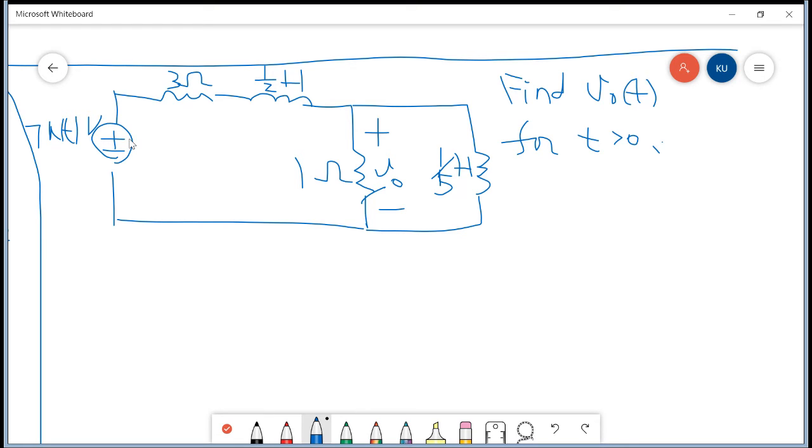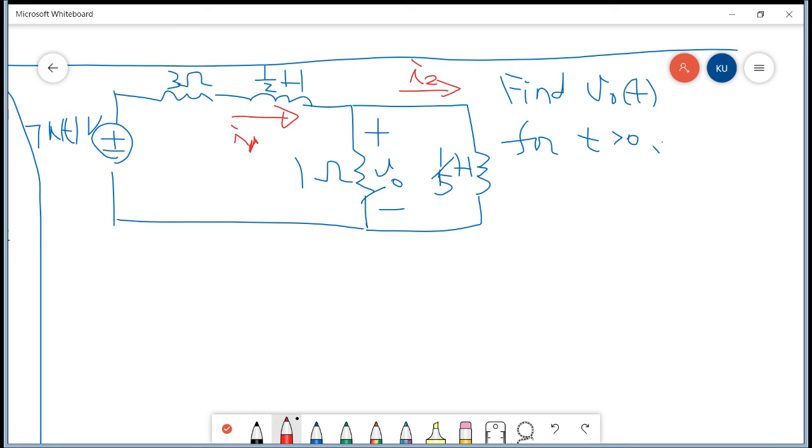So actually we can define this one to be I1 and this is I2.